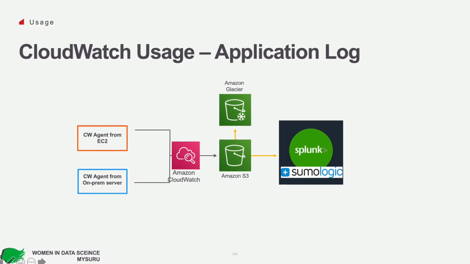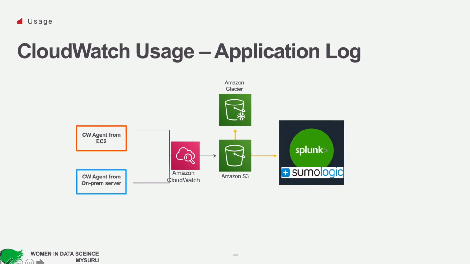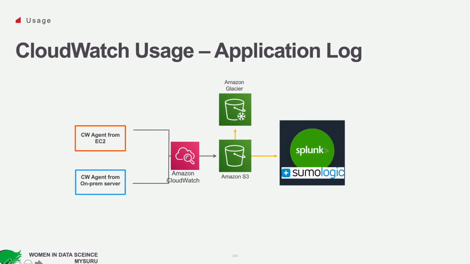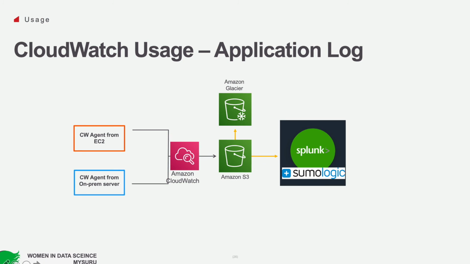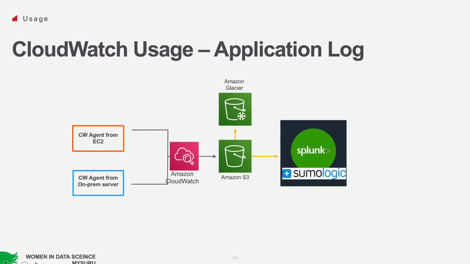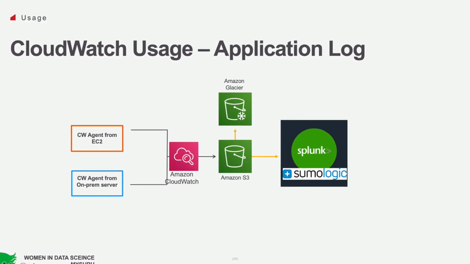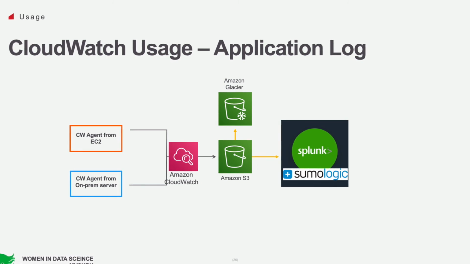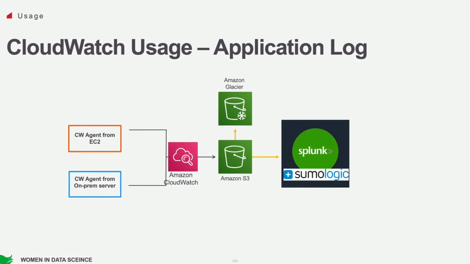Either way, you have to install the CloudWatch agent and configure which application log files. It could be your Tomcat log file, Apache log files, or the log file specific to your application. You can configure it to send to an S3 bucket.